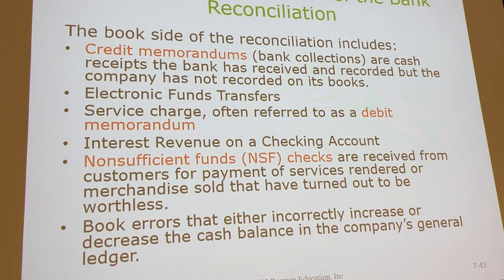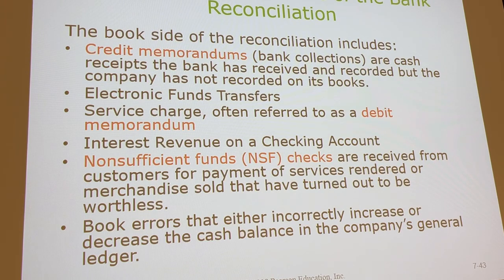On the book side of the reconciliation, there are quite a few more things that could result in an adjustment. So the first thing is credit memoranda, which typically would be bank collections. Banks sometimes collect on behalf of the customer on accounts receivable or notes receivable.